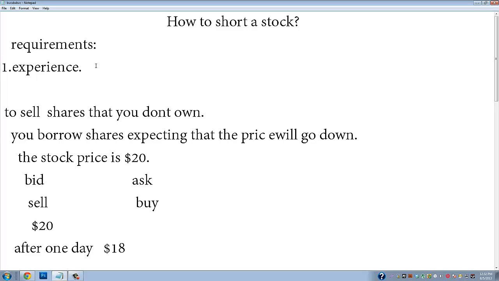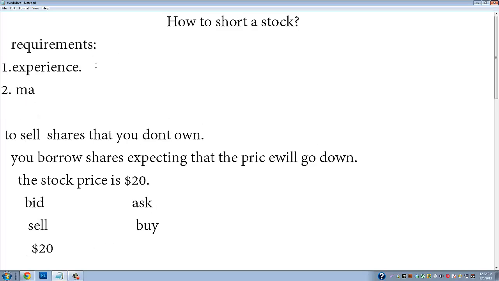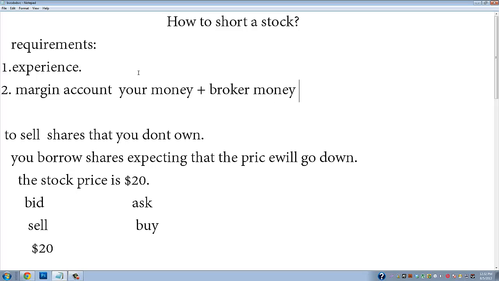Now, second, what do you need? You need what you call a margin account. A margin account is an account where you have your money plus broker money that they give you.